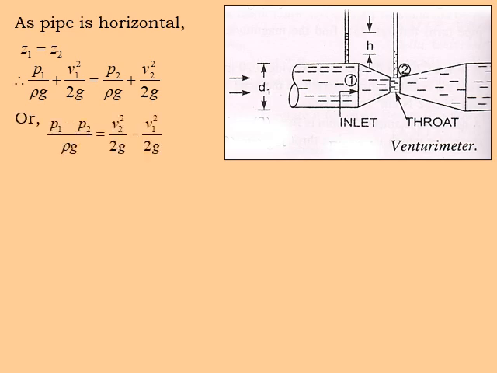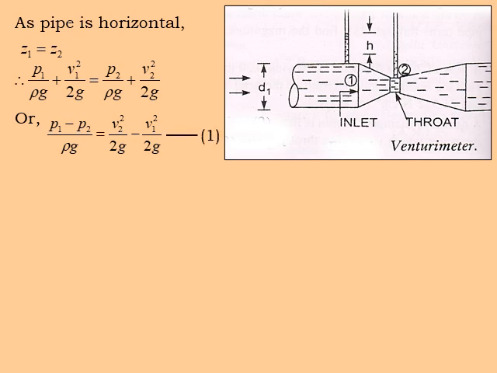Now just rearrange this. The P2 by rho g on the right hand side is shifted to the left hand side, and similarly V1 square by 2g on the left hand side is shifted to the right hand side. Now the equation becomes P1 minus P2 by rho g equals V2 square by 2g minus V1 square by 2g.